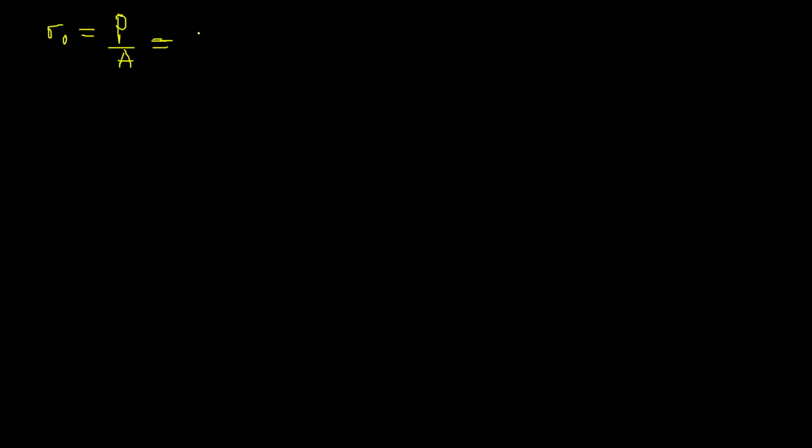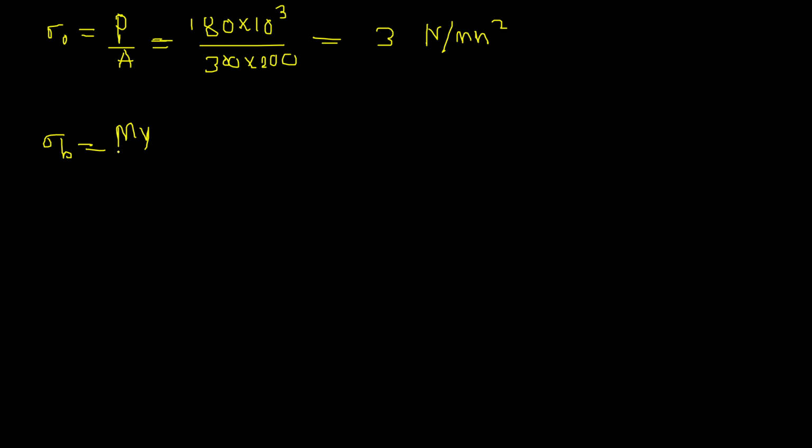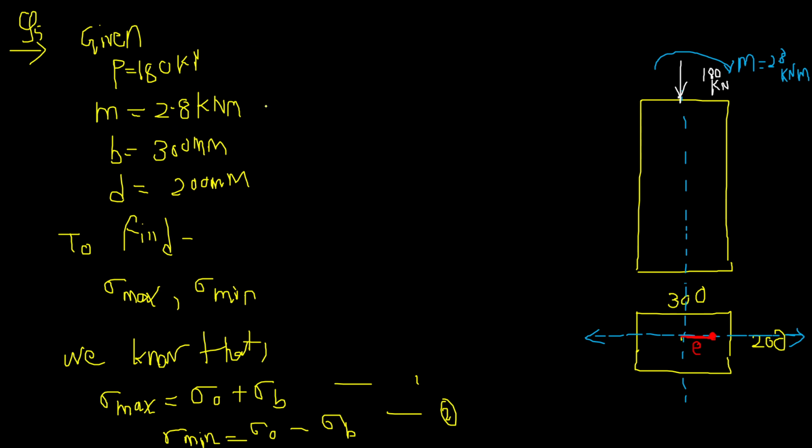So value of P is 180 kilonewton. So 180 into 10 to the power 3 divided by area, which is 300 into 200. So on calculating this, you should get the answer as 3 Newton per mm square. Okay, similarly sigma b is M by Z. Now directly the value of M is given in the question, 2.8 kilonewton meter. आता सगळ्या व्हॅल्यूज आपण न्यूटन आणि mm मध्ये टाकतोय.